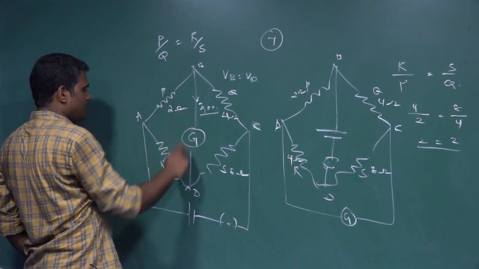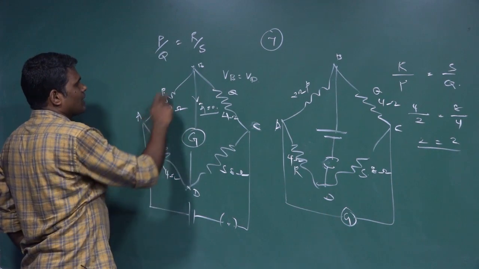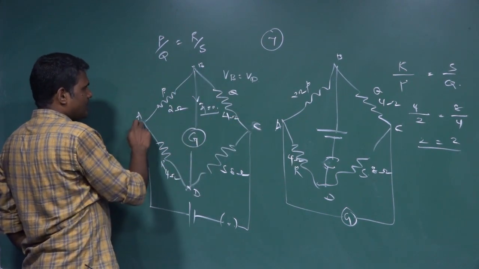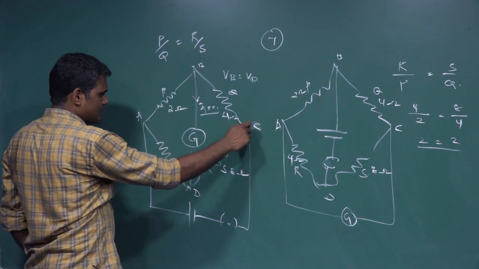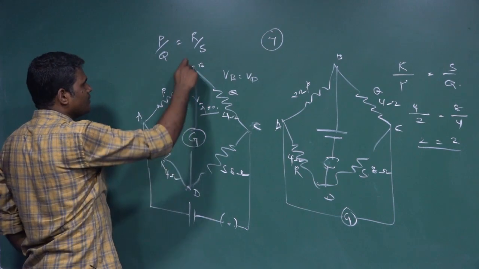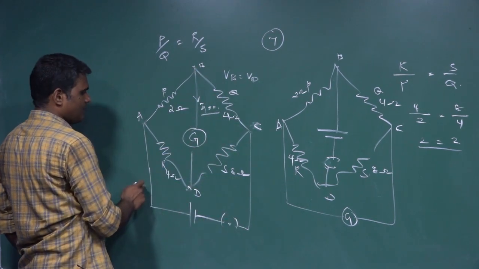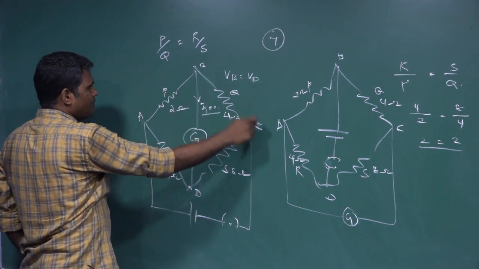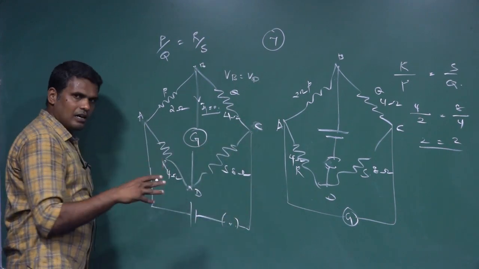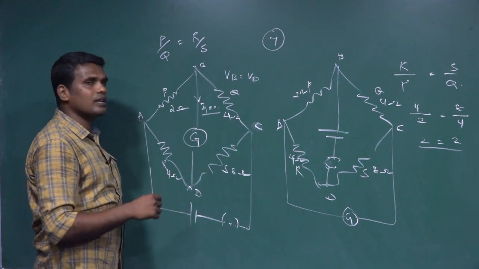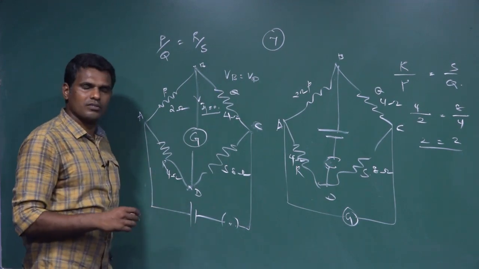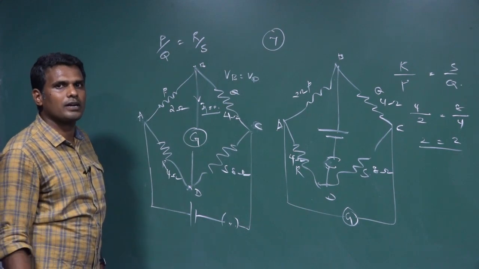We can say A, B, D, A, and another one A, B, C, D, A, and another one A, B, D, C, A, and another one A, D, B, C, A. Then A, B, C, A, and A, D, C, A. If you count all these closed circuits, you will get 7 closed circuits. This is also an important question which will be asked on the Wheatstone network.